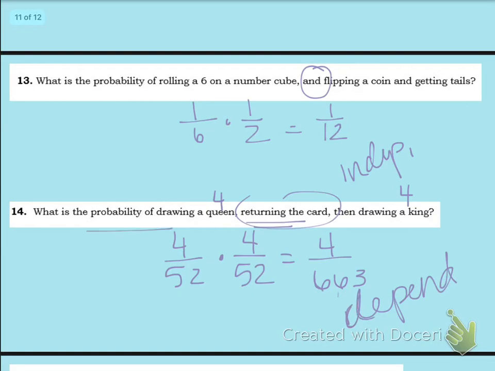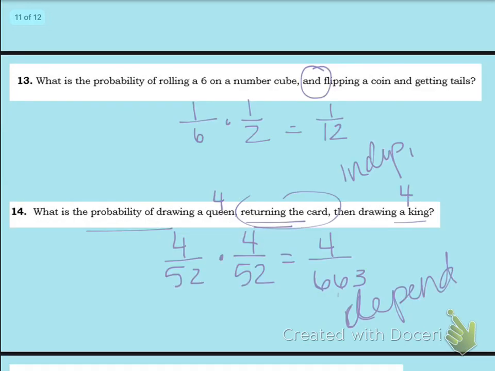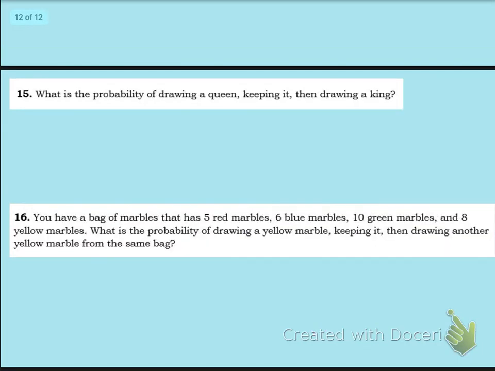Oh, I apologize, that was independent because it didn't affect it. I'm going to change it 100 times. Okay, it didn't affect it, that's why it's independent. I was looking at this one.